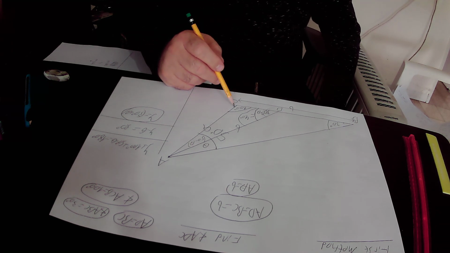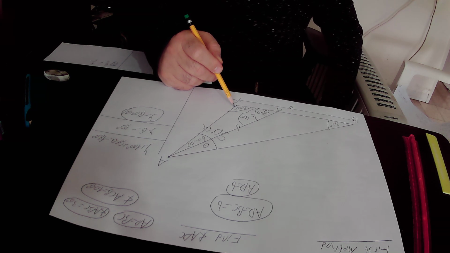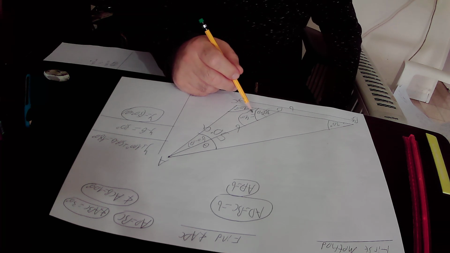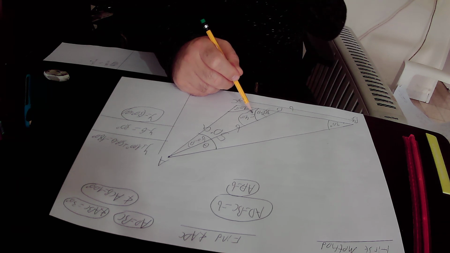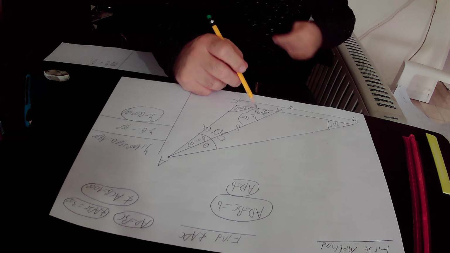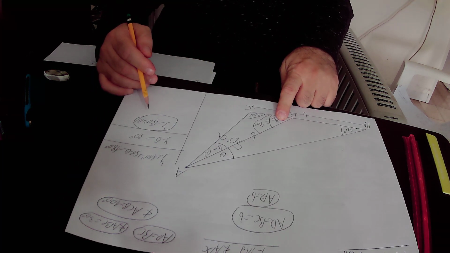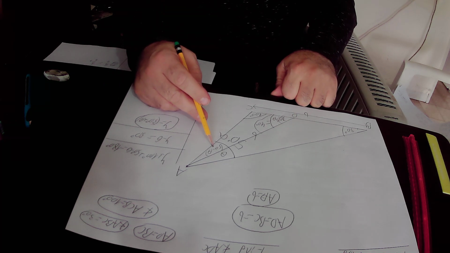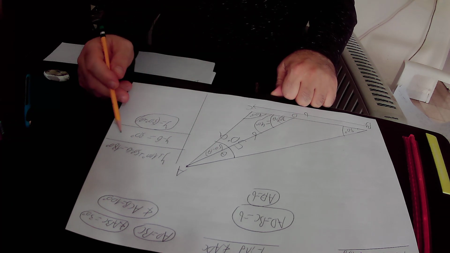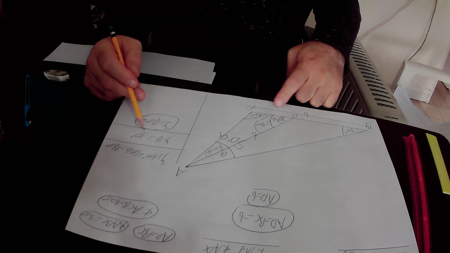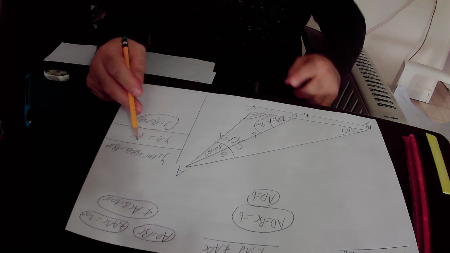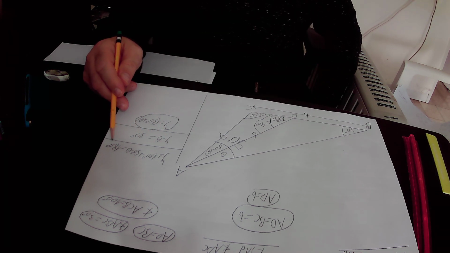This angle is 100 degrees, it is given in the question, and this angle is angle Y that we are looking for, and we know that the sum of the angles in triangle ADC must be equal to 180 degrees. That is to say, angle Y plus this angle that equals 50 degrees minus theta plus this angle that is 100 degrees, in total they must be equal to 180 degrees.